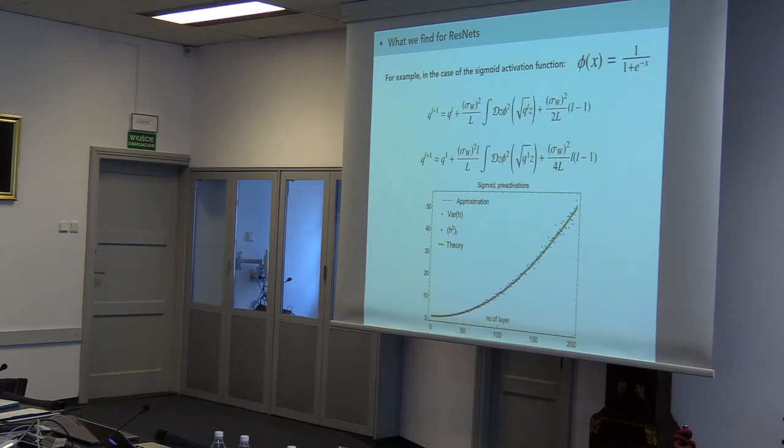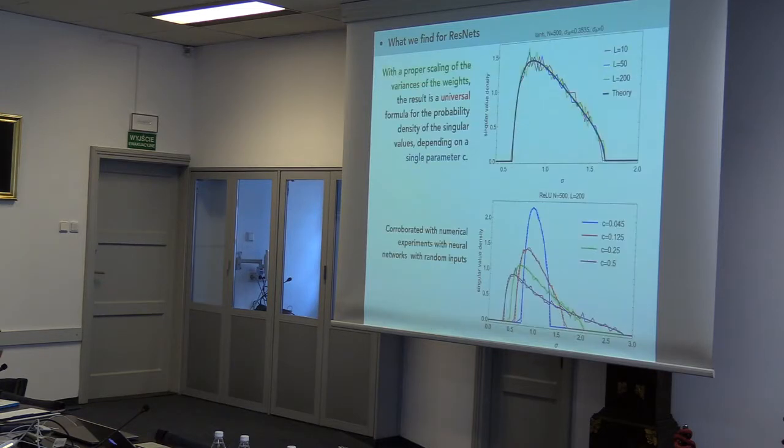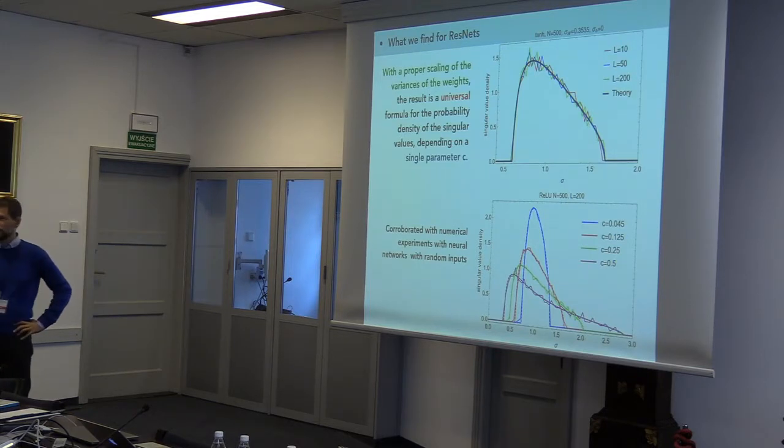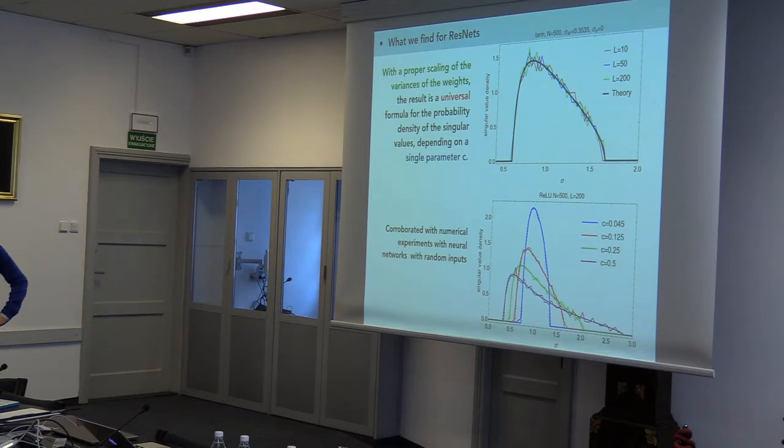So now that you have both the ingredients, you can get the spectral density, and this is what we do. It looks a lot like the one for the Wishart matrices.